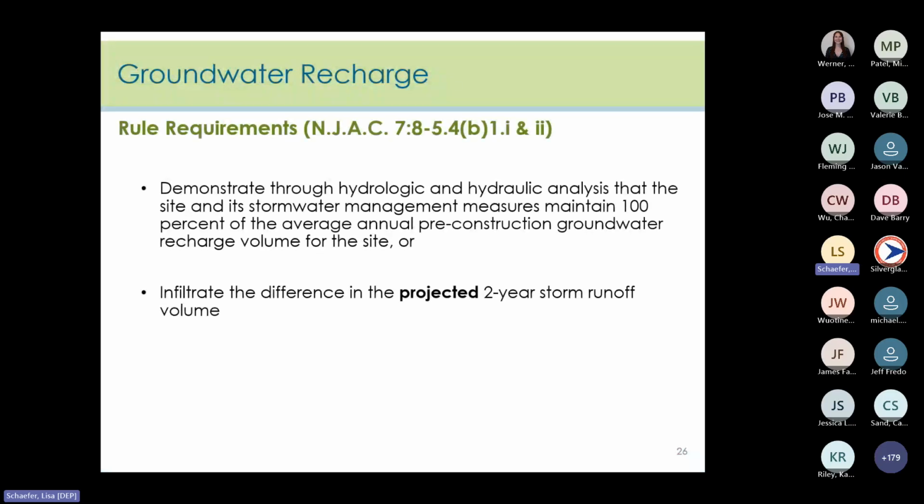All right, so from the overview presentation, Peter covered the rule requirements found in N.J.A.C. 7:8-5.4(b)1, the two Romanettes 1 and 2, which require the project either demonstrate through hydrologic and hydraulic analysis that the site and its stormwater management measures maintain 100% of the annual pre-construction groundwater recharge volume for the site, or infiltrate the difference in the projected 2-year storm runoff volume.